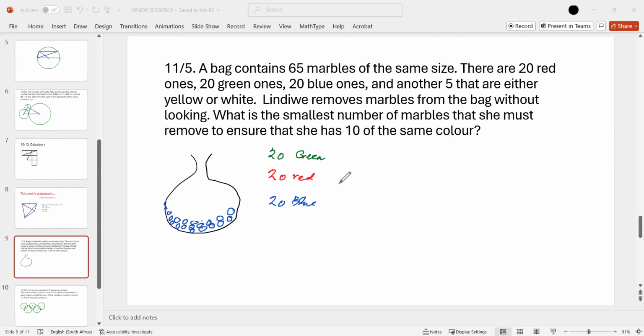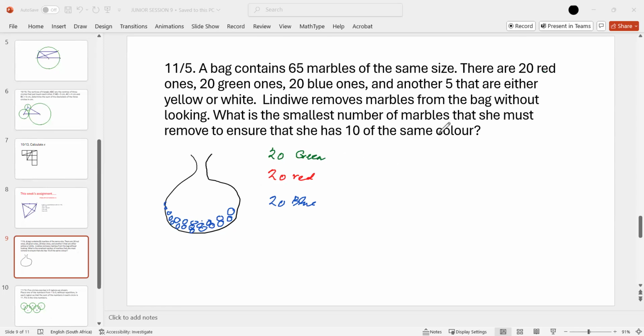Now, you might argue, well, the smallest number is 10 because she puts her hand in and by chance, all 10 are green, in which case they are of the same color. Right? But that is not what they want.